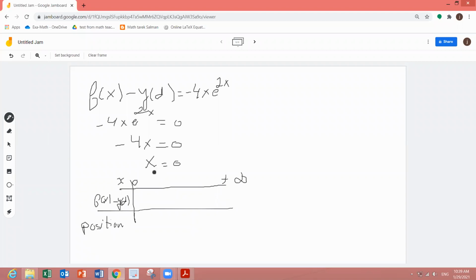If we take a number between 0 and plus infinity like 1, we get negative. We say here C is below D.